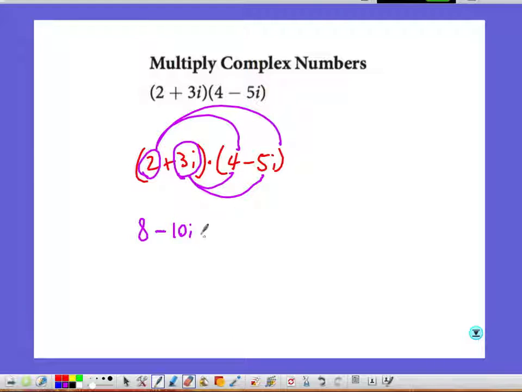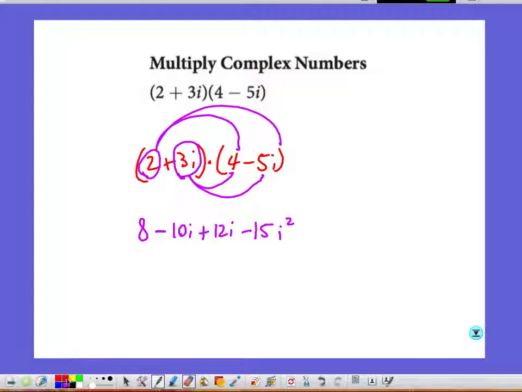So 3i times 4 is positive 12i. 3i times negative 5i is negative 15i squared, because I have i times i.